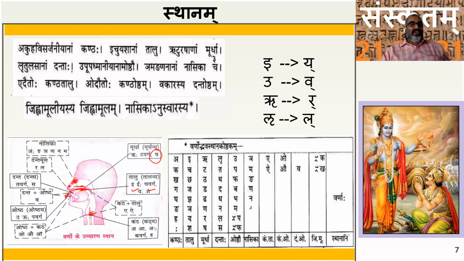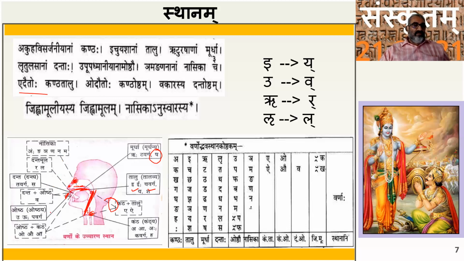So in the case of ed and ait, kantatalu, you have to use the combination of the kanta as well as the talu. You have to use two places. That is why it is called kantatalu. You have to use these two parts of the face. Then odautoho kantoshtam.